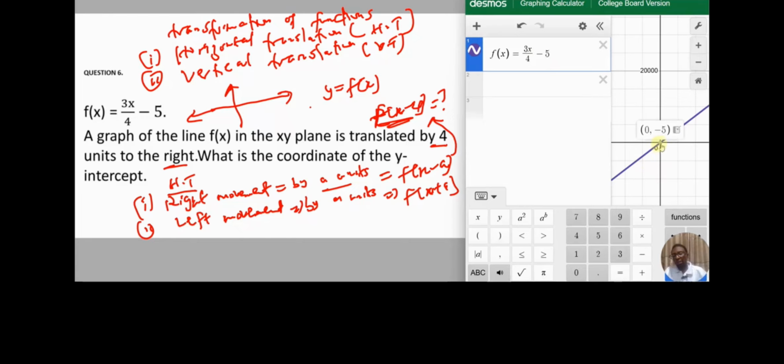So this is my normal f of x. So what am I looking for now? It has been translated by 4 units to the right, so that means I'm actually looking for f of x minus 4.